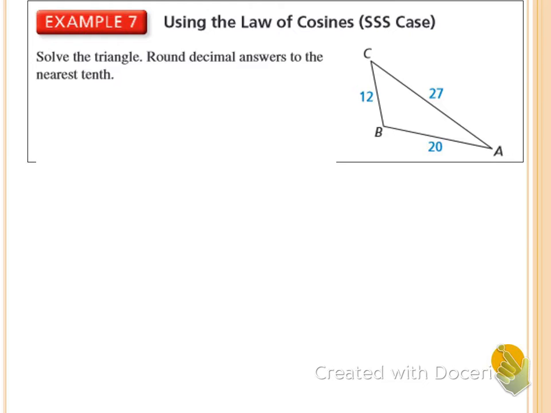So which of these is the obtuse angle? B, right? Because it's across from 27. It's the biggest angle. So we need to find that angle first using the law of cosine. So b squared equals a squared plus c squared minus 2ac cosine of angle B. This one is harder because we don't know the angle. You can't plug everything in all at once, and I'll show you what that will look like.